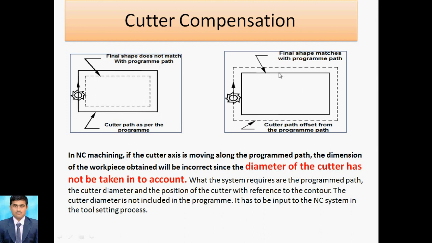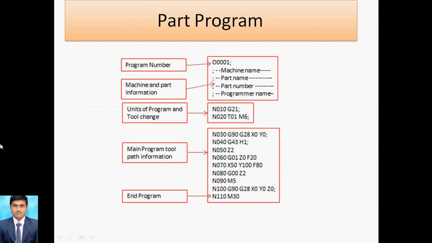If you consider the compensation of the tool, then the final shape will match the program path. That means whenever cutter compensation is there, the diameter of the cutter has to be mentioned, and only then your final shape matches the program. So this is regarding cutter compensation.